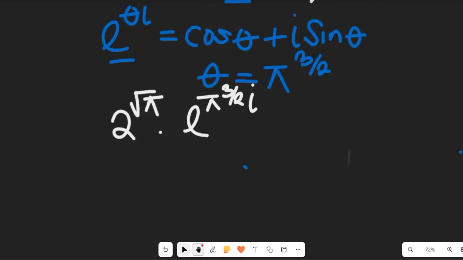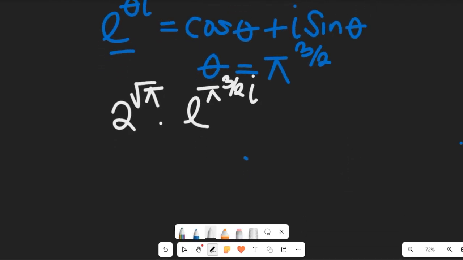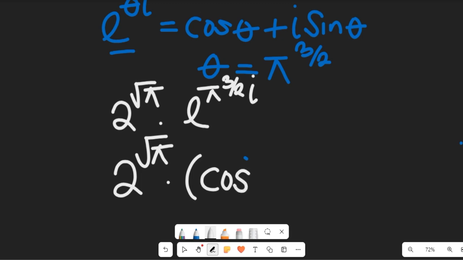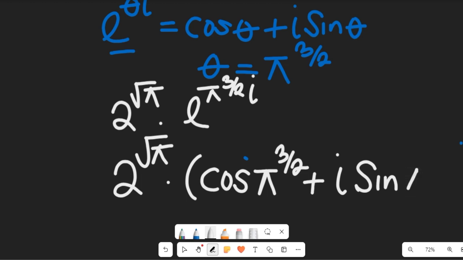So applying Euler's expression, we can have this become 2 to the power of the square root of pi multiplying the cos of pi to the power of 3 divided by 2, plus i multiplying sine of pi to the power of 3 divided by 2.